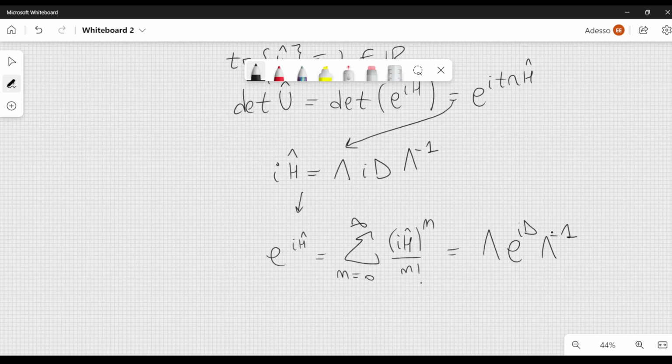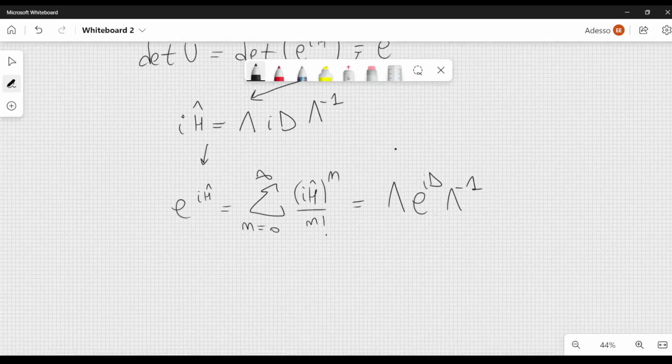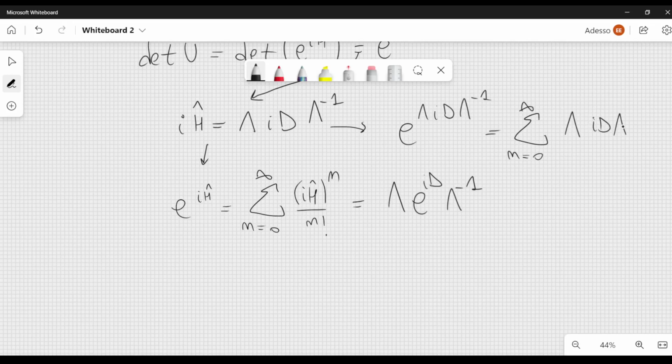It's quite easy to realize because you can write the series representation of the exponential of this product of matrices. So you have the summation from 0 to infinity of (lambda iD lambda inverse) to the power n divided by n factorial.